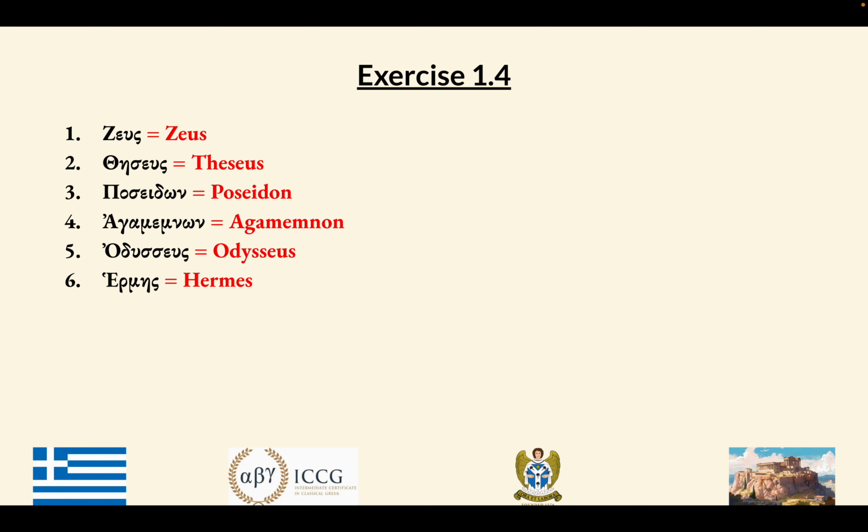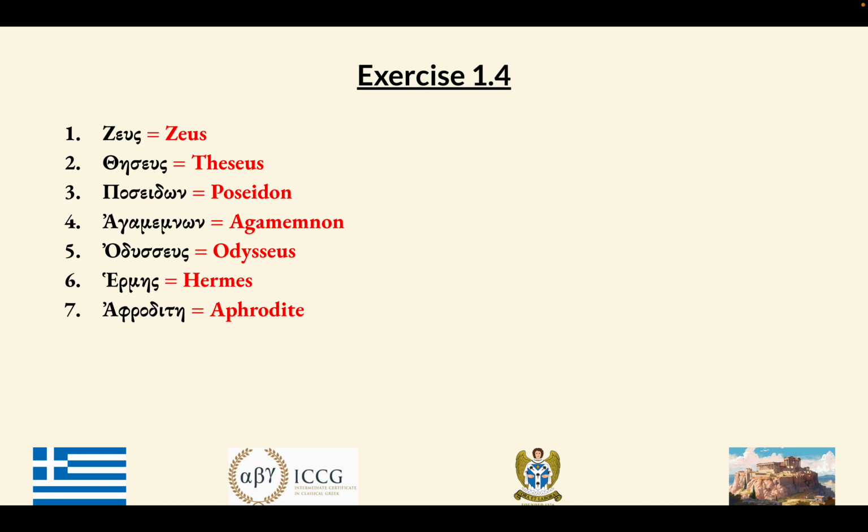Just to pause for a moment, bear in mind that in Greek, if a word begins with a capital letter that is a vowel, then the breathing doesn't go directly above it, it goes just to the left, which is what you have with, for instance, Odysseus. That's a smooth breathing to the left of the capital omicron. And then likewise in number 6, Hermes, you have a rough breathing just to the left of the first letter, which is a capital epsilon.